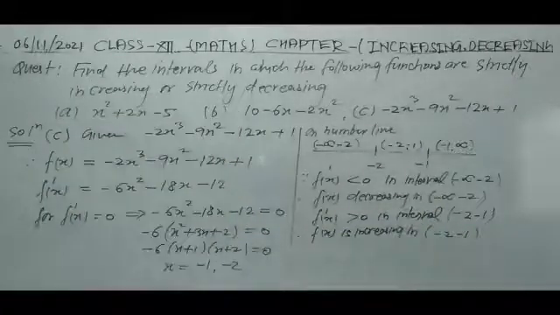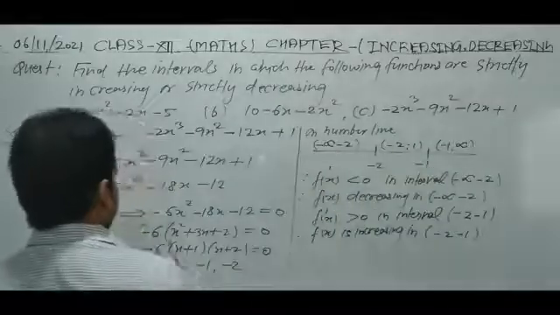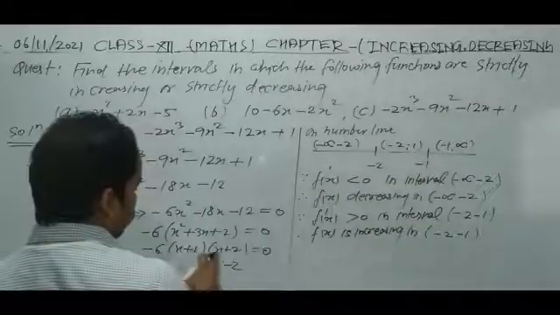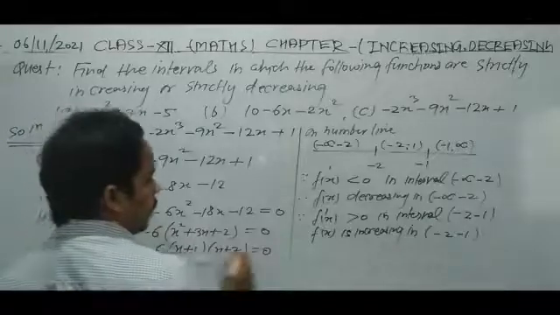Now I will come to the next interval, minus 1 to infinity. Suppose we put x equal to 0. Then one whole term will be positive and the other whole term will be negative.